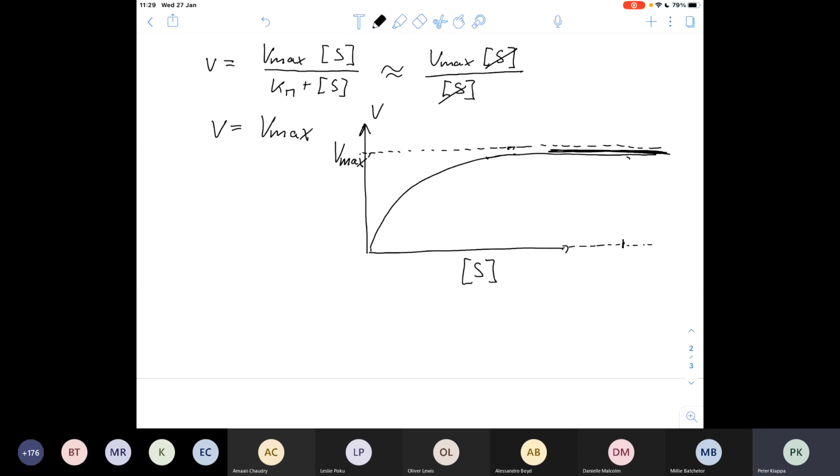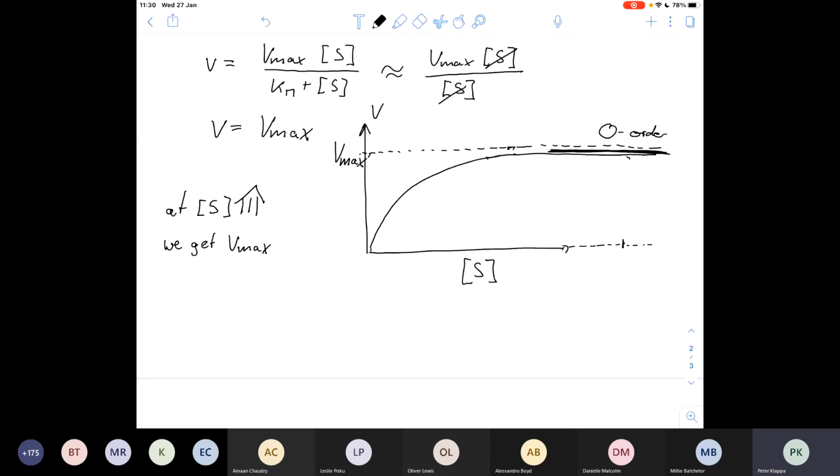Remind me again, what order was that when it's a parallel line? It was a zero order reaction. Absolutely right. So at very, very high substrate concentration, and I write it like that, almost like a little house, it means that it's very, very high, we get Vmax.